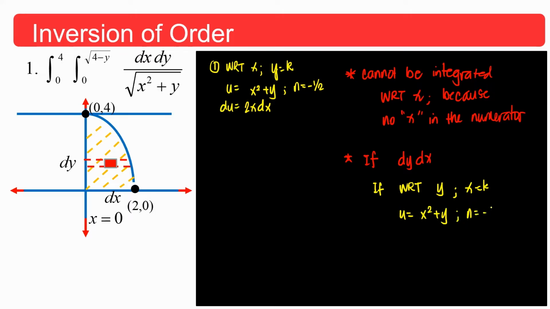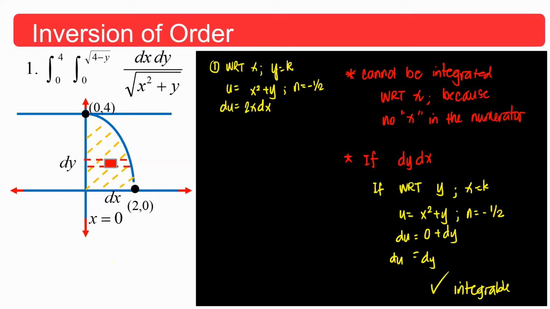The n would still be the same, negative 1/2. The du would be 0 plus dy, or simply dy, because if x is constant, the whole x squared becomes 0. So if it's in the order of dy dx and not dx dy, it would be integrable.